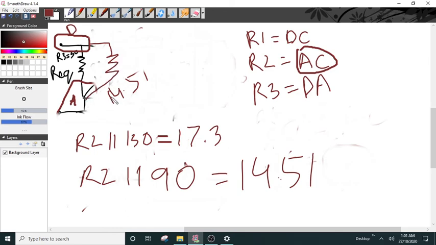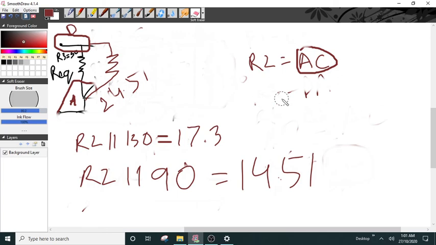So this is now 24.51. As this R1 and R2 are removed, sorry, I've solved R1 and R2.